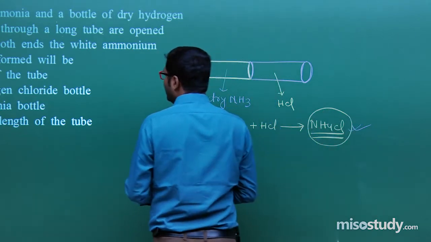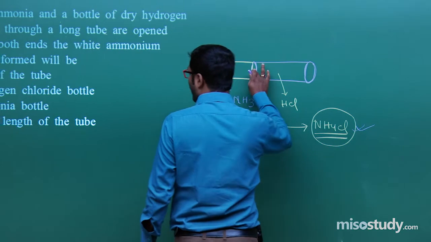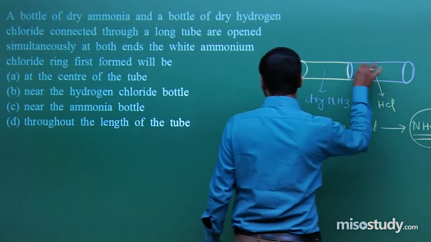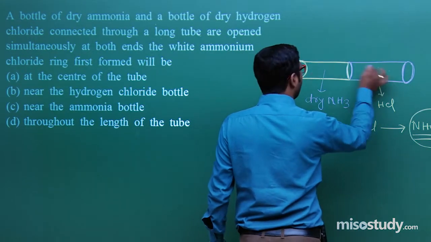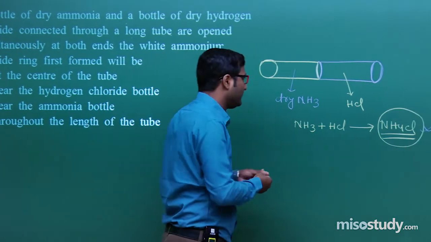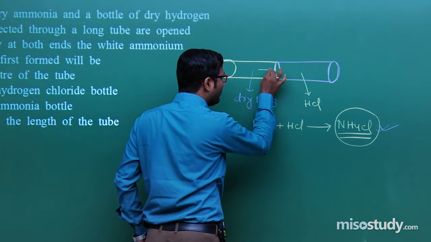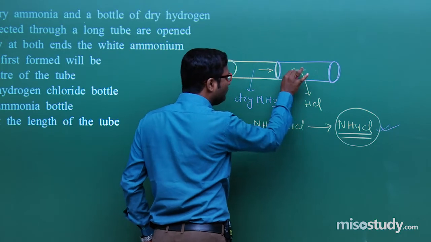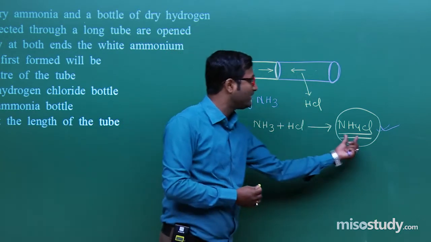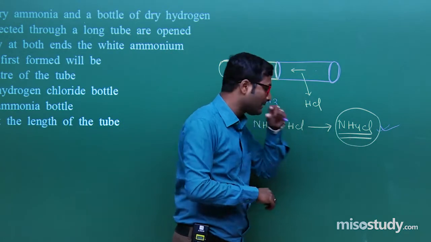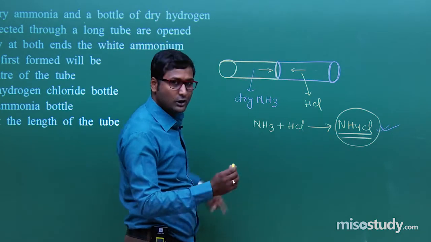That is the question. At the center here, or near the hydrogen chloride, or near the ammonia bottle, or throughout the length. Now listen carefully. Definitely ammonia and HCl will move towards each other and will react and form NH4Cl.